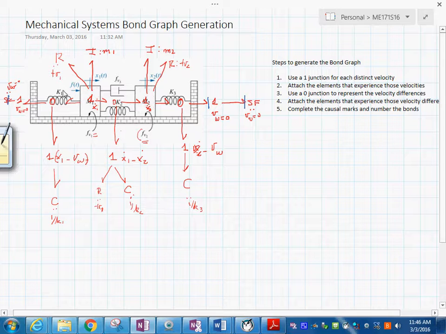we've got to see what the consequences of that assignment are. You see in here you have two flows into the zero. The zero needs one effort, so it's got to be like this. And the moment you set that, it makes this one like this. And then over here you see you have all the ones.